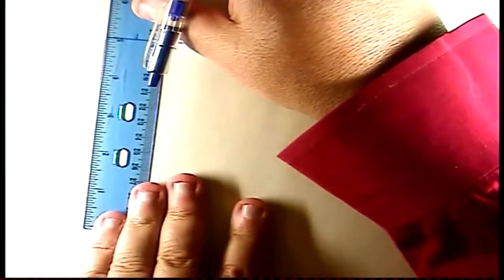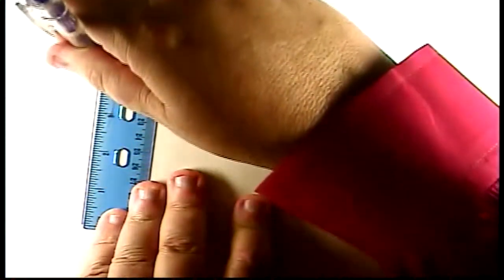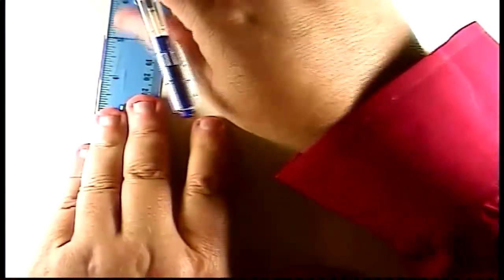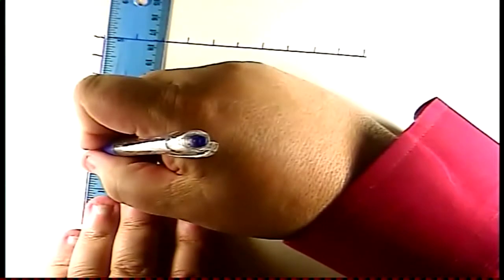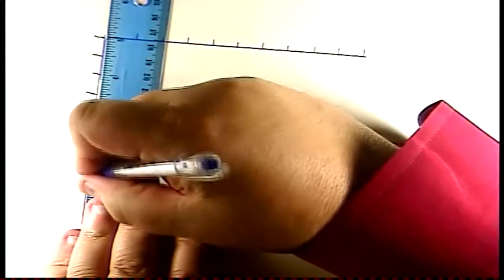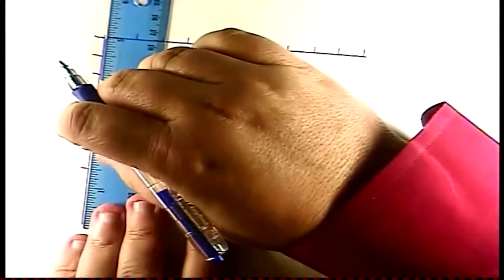And see, I'm using this line to make a square. So I'm going to come down here and draw a nice straight line, all right? And then every half inch, I'm going to make a little line to show me where that half inch mark is. And this is the beginning of drawing a nice square grid.